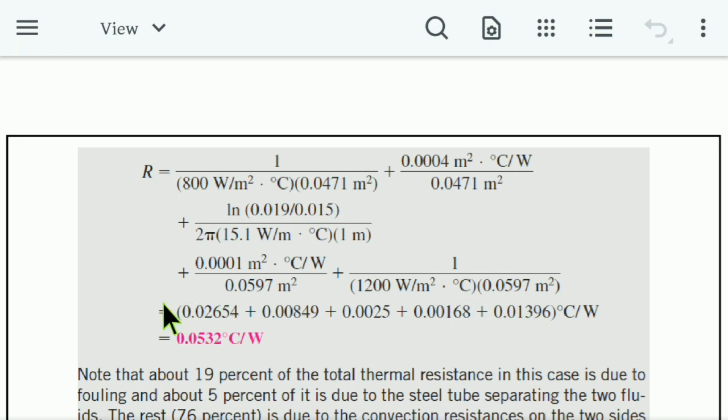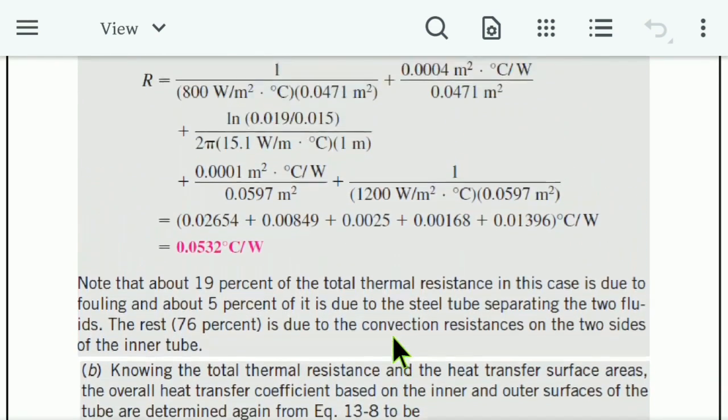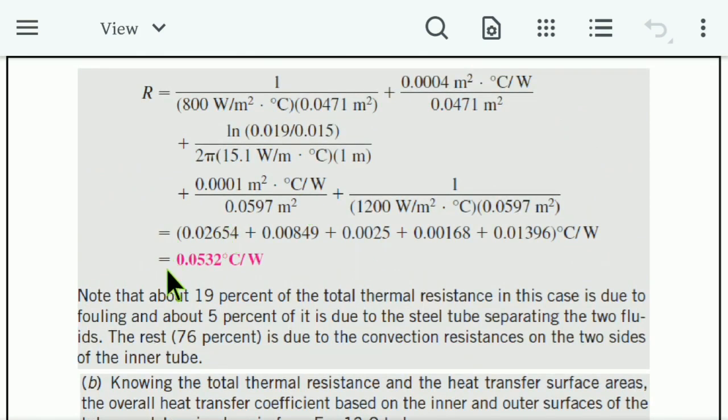So after calculation, we got 0.02654 plus 0.00849 plus 0.0025 plus 0.00168 plus 0.01396 degrees Celsius per watt. This is the unit. So R is equal to 0.0532 degrees Celsius per watt.